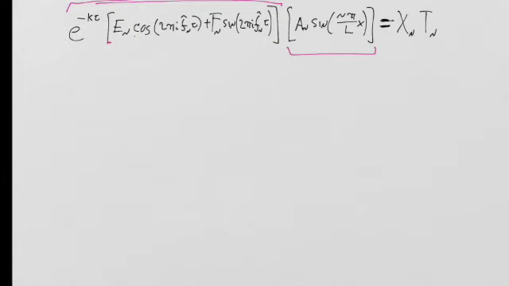We'll write down e to the minus kt times En cosine 2 pi fn hat t.